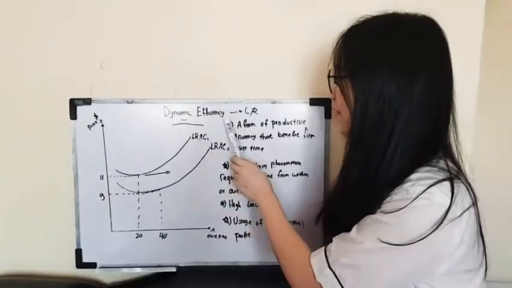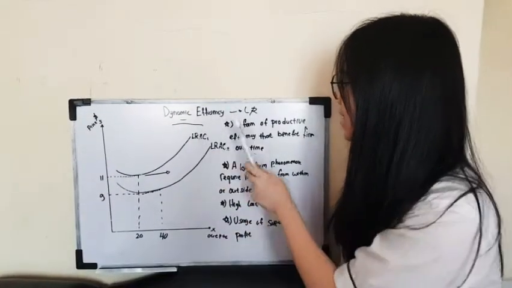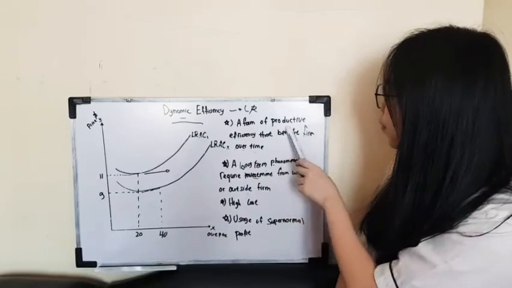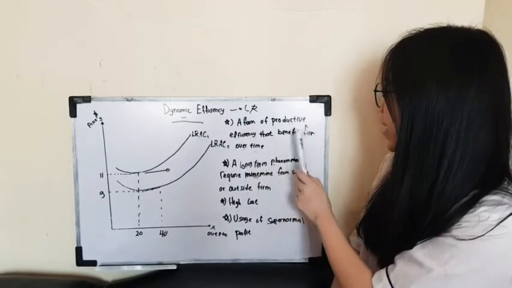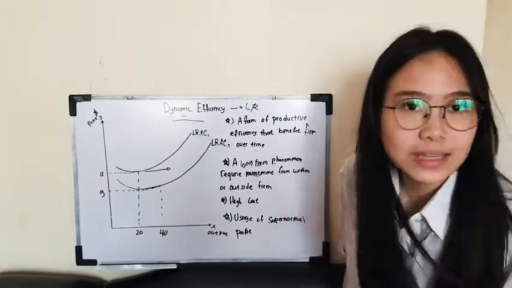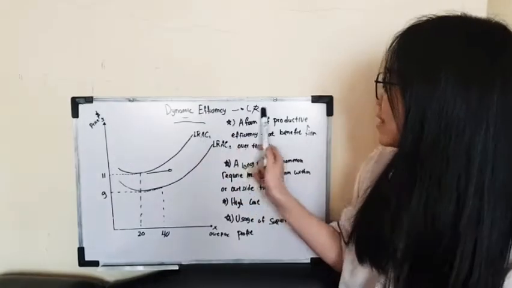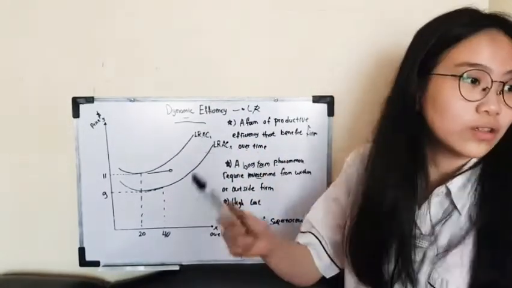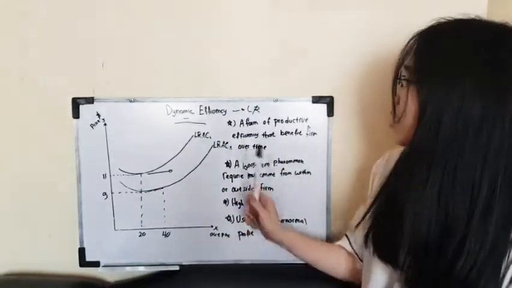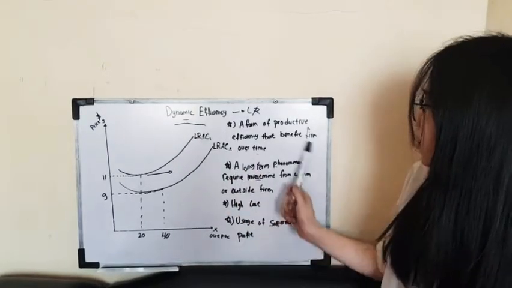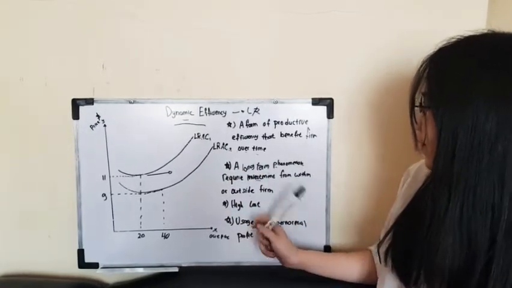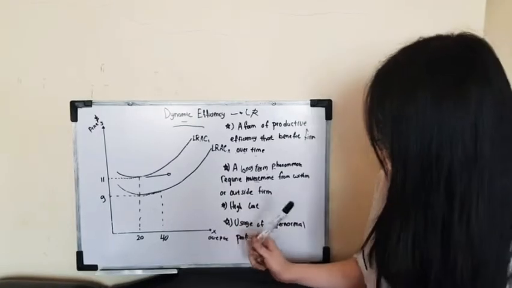What is dynamic efficiency? Dynamic efficiency is a form of productive efficiency that benefits the firm over time. This means dynamic efficiency is long run. We will go to the next point. Dynamic efficiency is a long-term phenomenon, requires investment from within or outside the firm.